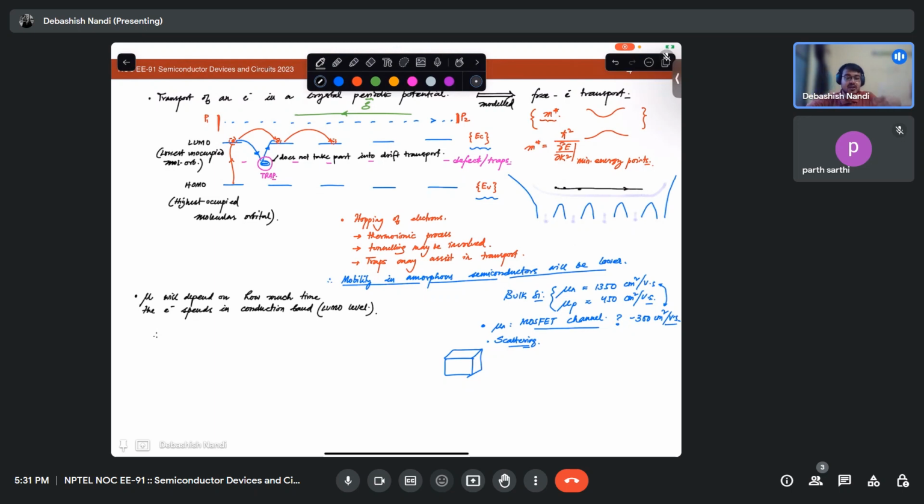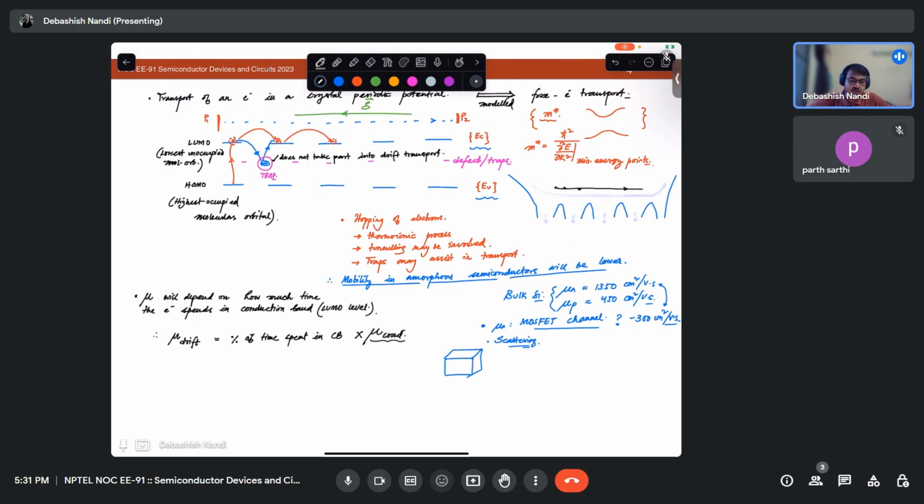For that you need your electrons in the conduction band, right? So your mu drift, or the total mu, will be the percentage of time spent in the conduction band multiplied by your conduction band mobility.